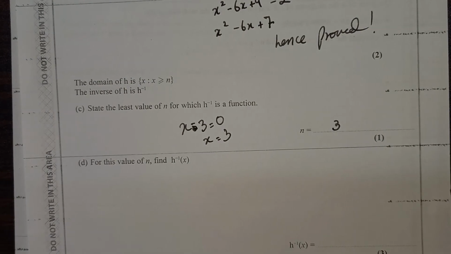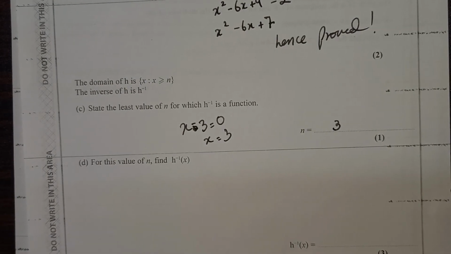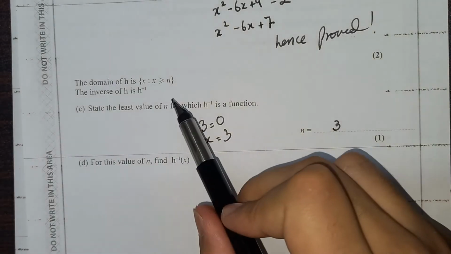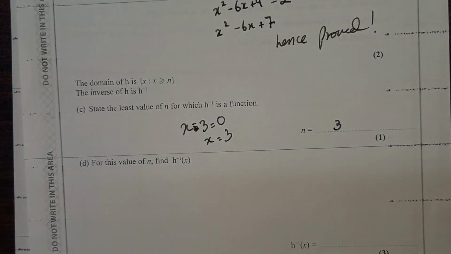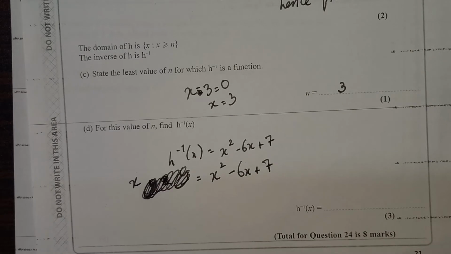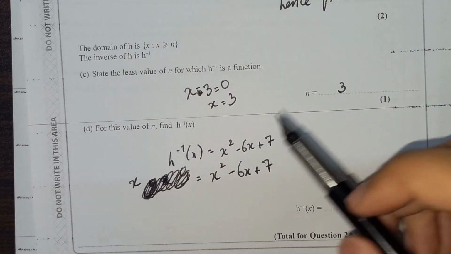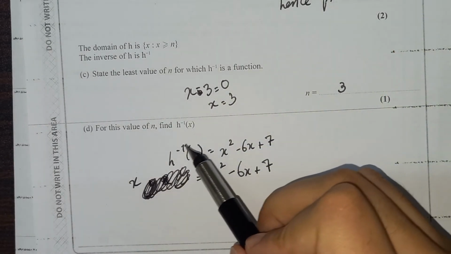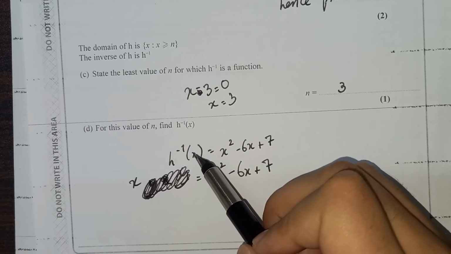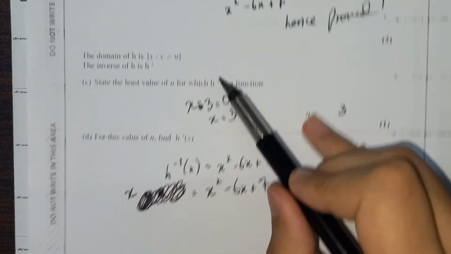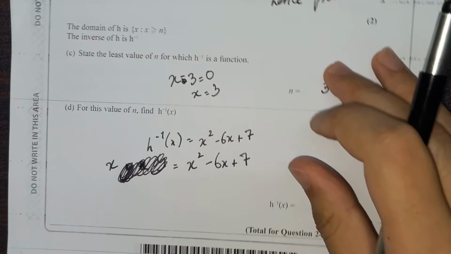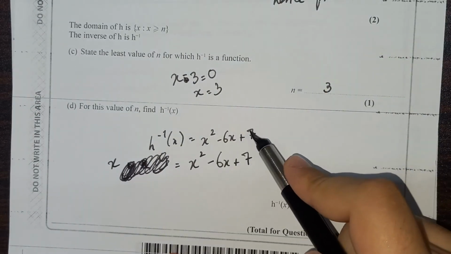Part D. For this value of n, find h inverse of x. Okay, so for h inverse of x, we have been given it over here. Now what to do over here? For this part, I've written it already over here, so I don't have to write it again. We have h power inverse of x, which we already know. We solved it over here. All you need to do is first write it over here.